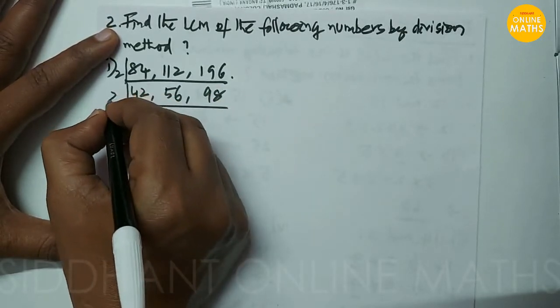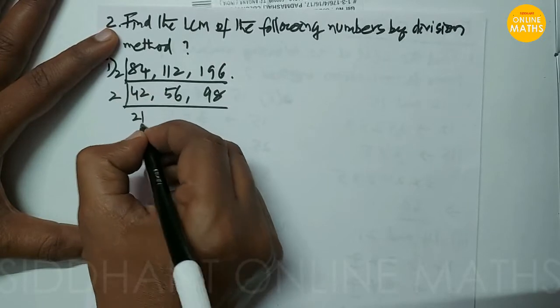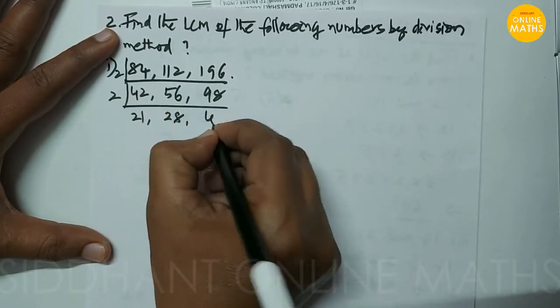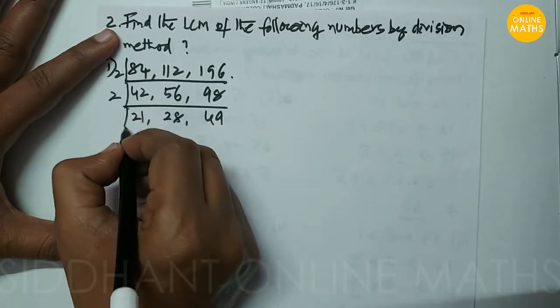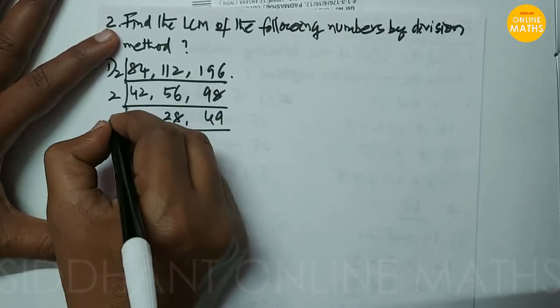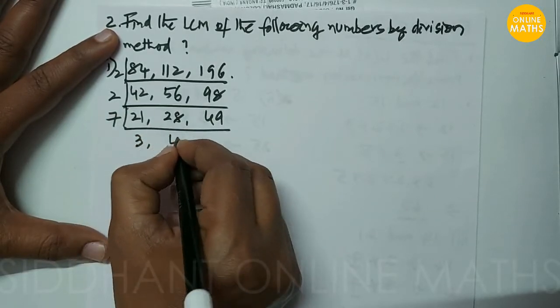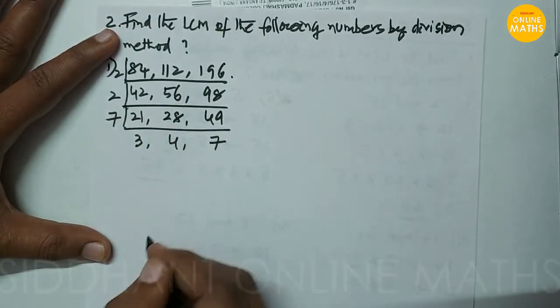Again we divide it by 2, so here 21, 28, 49. Then we divide it by 7, we get 3, 4, 7.